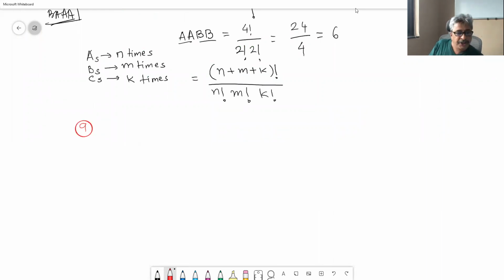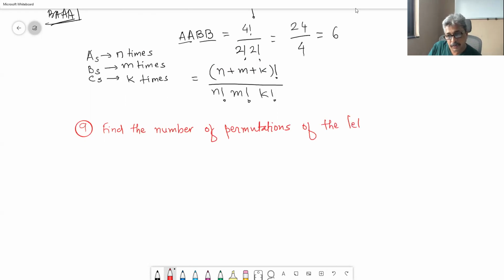Find the number of permutations of the letters of the word Allahabad.